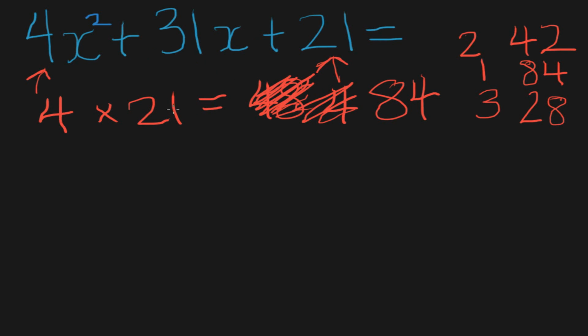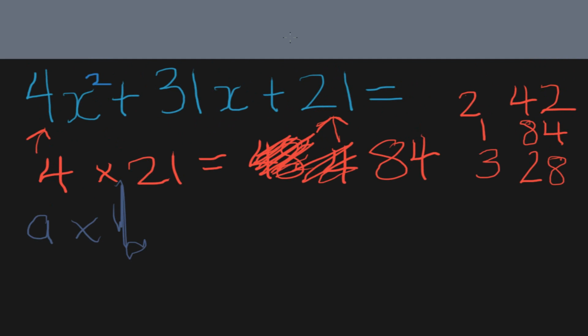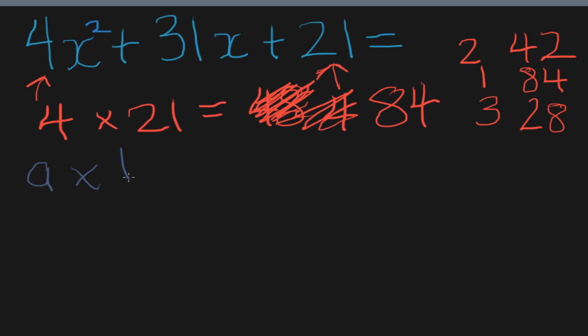if we say we want to find two factors which multiply together, so a times b, a times b will have to equal c, where c would be that number you'd get there.